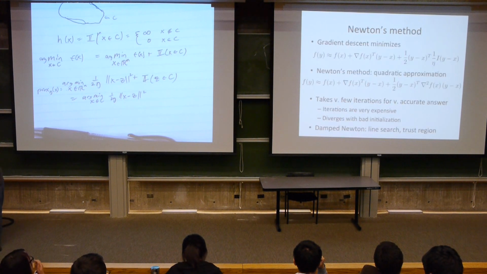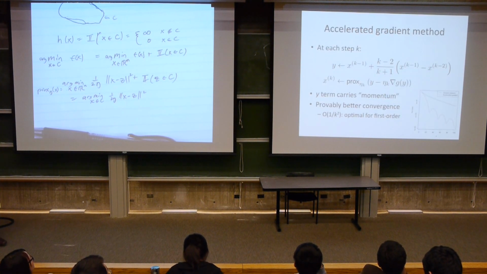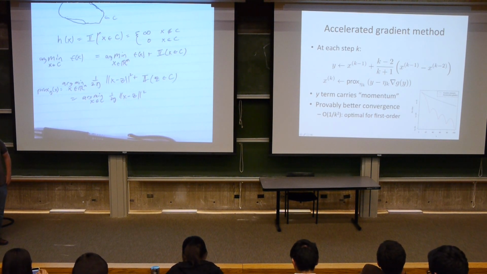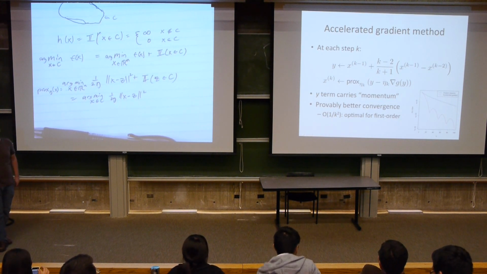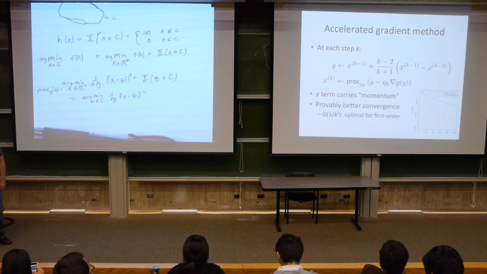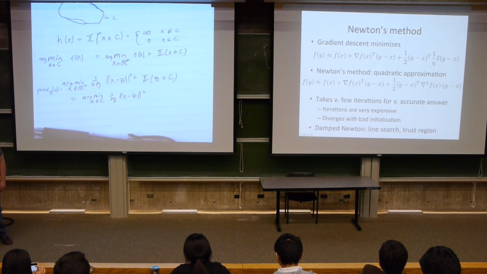Okay. So that was first order methods. There are some other variations you can make on it, but I just claimed, and there is a proof, if you want to see the proof, take 725, that this form of acceleration is the best you can possibly do up to constant factors for a first order method. So we can go beyond first order methods by accounting for the second derivative.